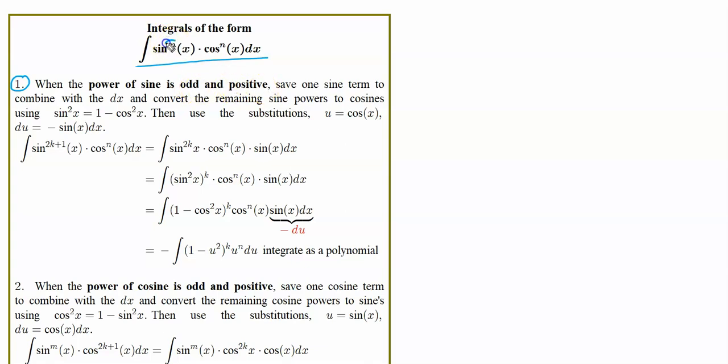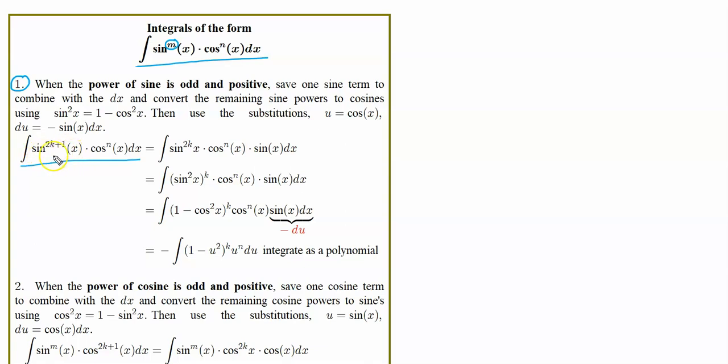So when the m right here is an odd and positive number, so 3, 5, 7, 9, and so on. Down here is how we're going to do an integral when we're in that case. So here we have the m rewritten as 2 times k plus 1. If m is odd, then we can write it in this form.